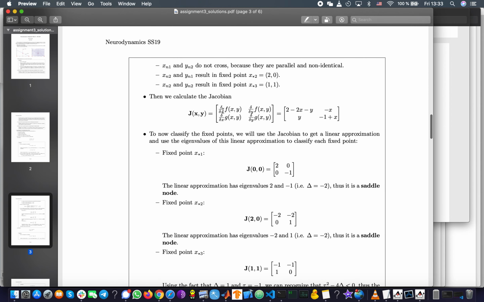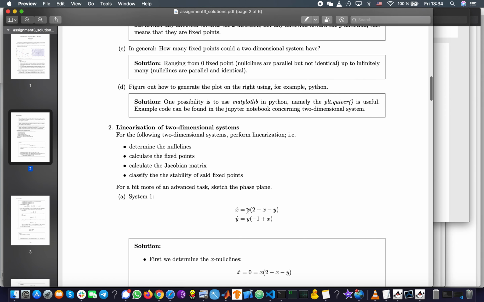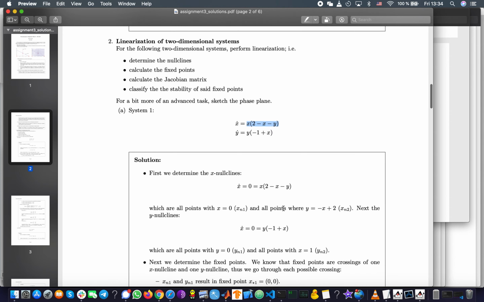And for the Jacobian, this is the first derivative of f. What is f? F is here, x dot is equal to this, right? So this is your f.